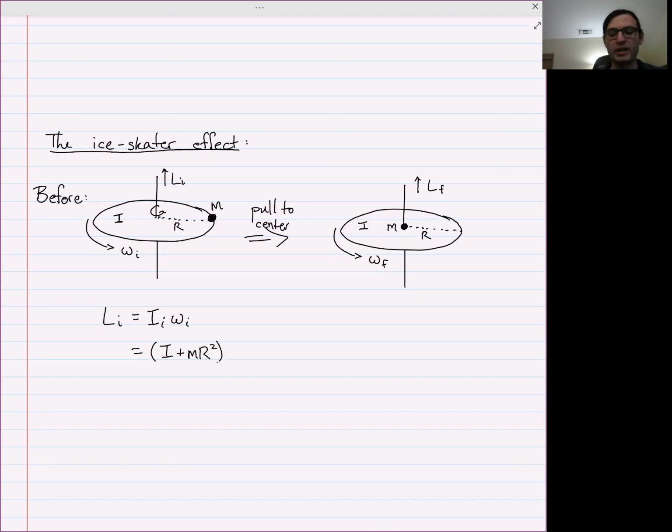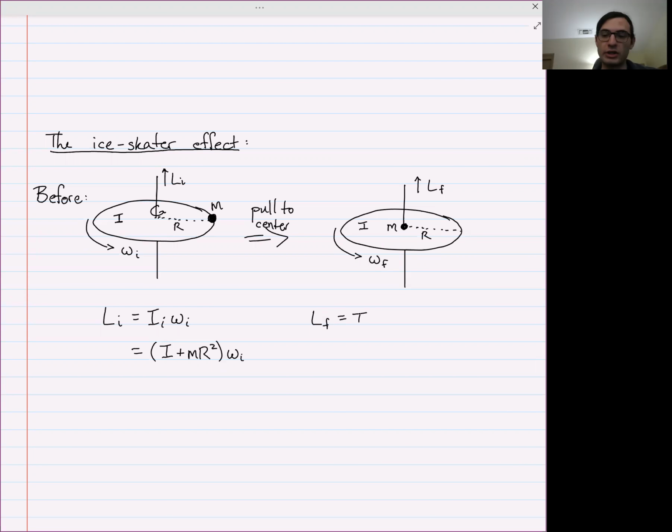The reason why it's mr squared is because this is a point mass on the edge here. And for a point mass, the moment of inertia is always just the mass times the distance to the axis of rotation squared. And then the initial angular velocity is just whatever it is, omega I.